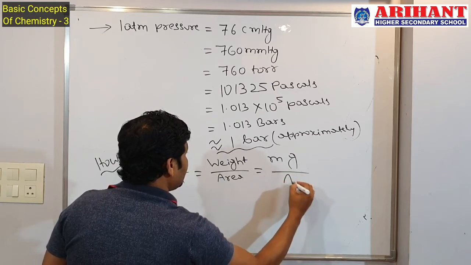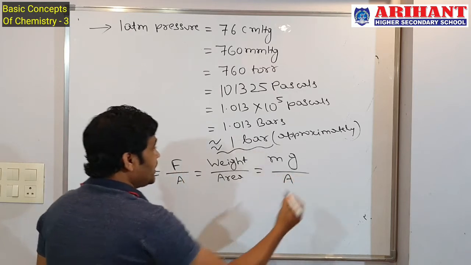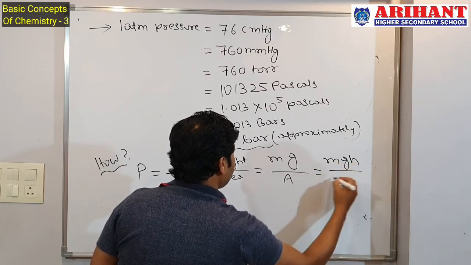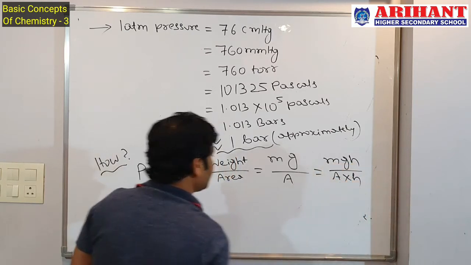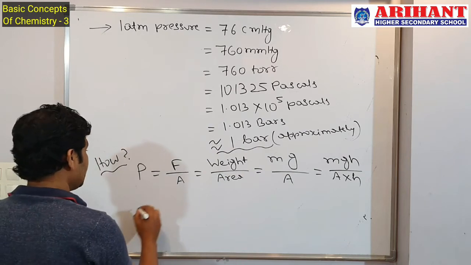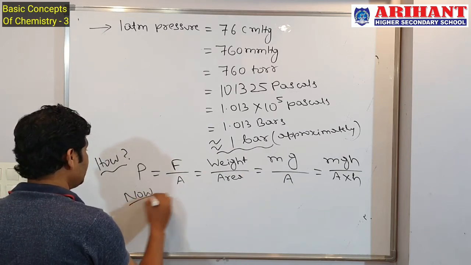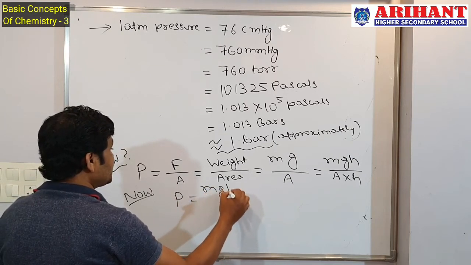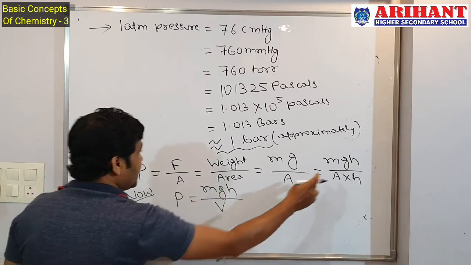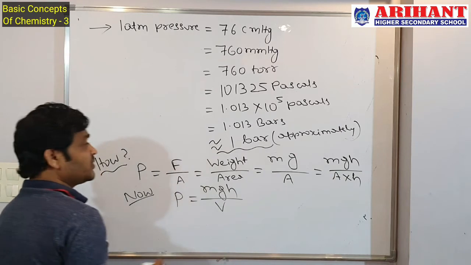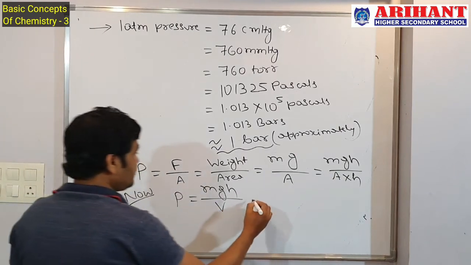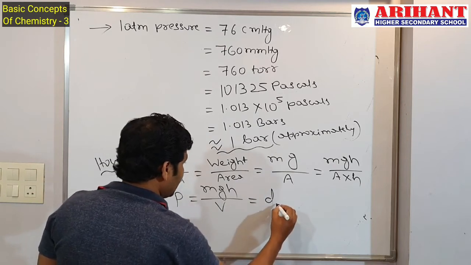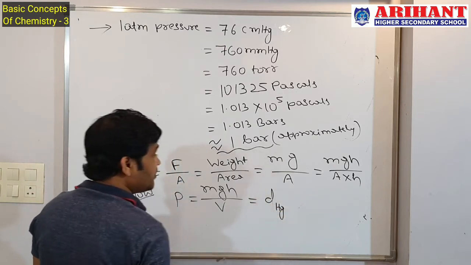So P is equal to mgh by area into h. Area into height is equal to volume, and mass by volume is equal to density, and it is measured in mercury column.